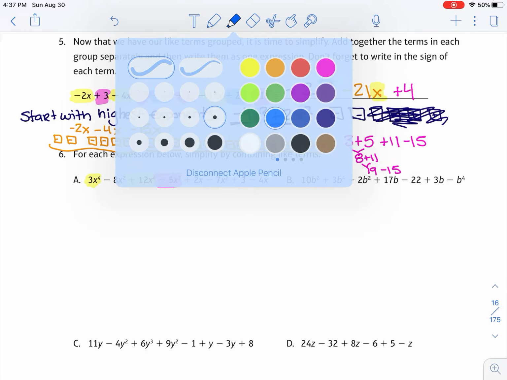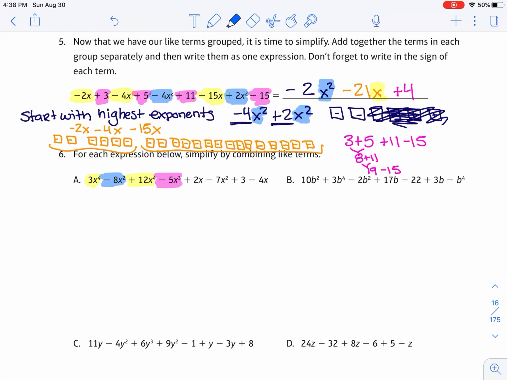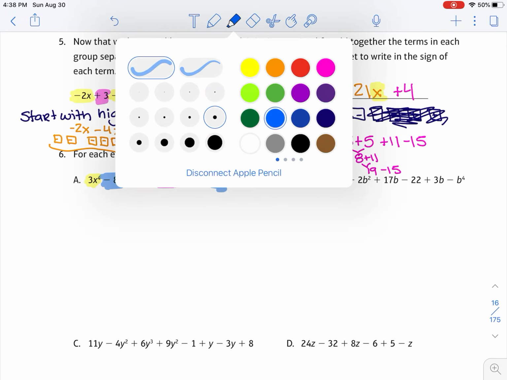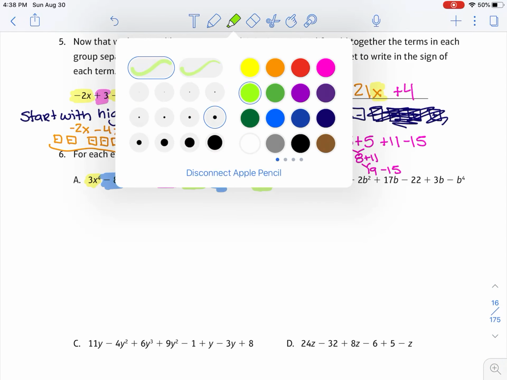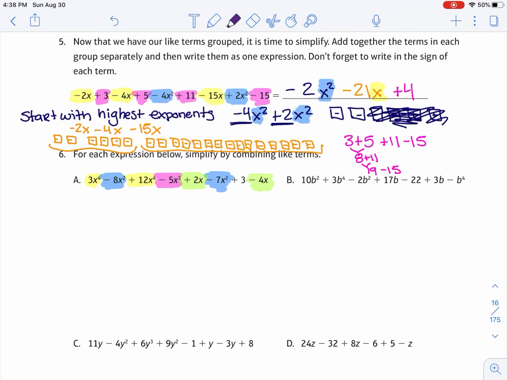So now I'm looking for x squareds. So now I'm looking for just x's. And now I'm looking for just numbers.